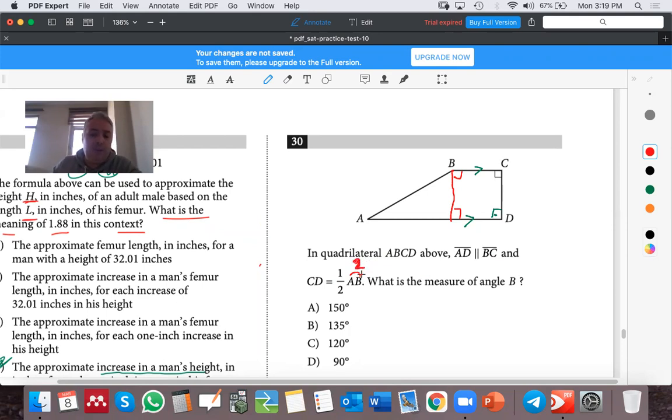If AB is 2 units, CD will be 1/2 times 2, which is 1 unit. Is the logic clear? Now, if this is 1, opposite sides are congruent, so this is 1.